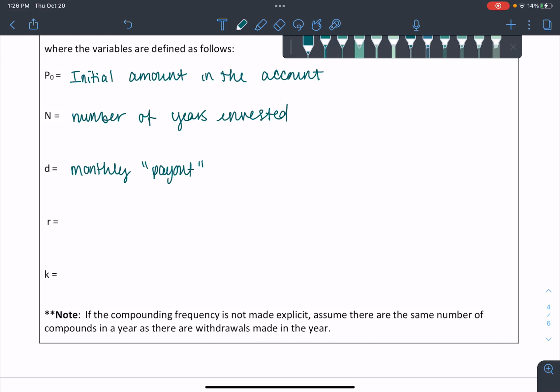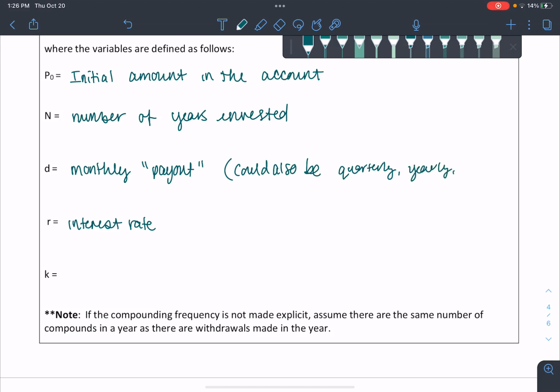So r is going to be the interest rate. Oh, and let me just also add, it could also be quarterly, yearly, etc. You get the point. It doesn't have to be a monthly payout.